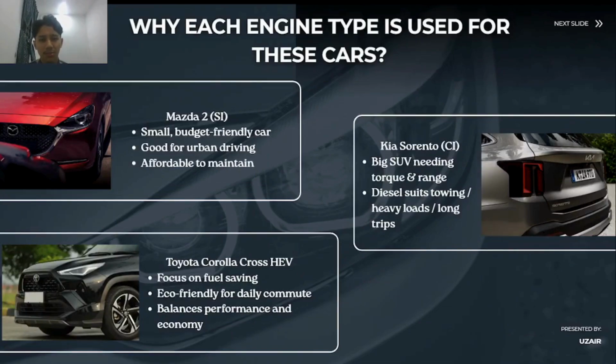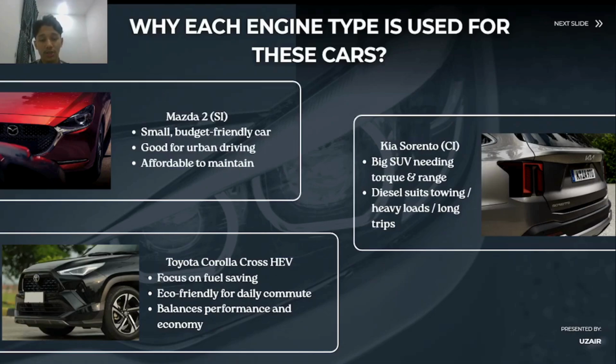Why is each engine type used for these cars? Mazda 2, which is SI engine, is a small and budget-friendly car, so the SI engine is suitable for this car. And this car is good for urban driving and affordable to maintain. Kia Sorento, which uses CI engine, is a big car, and big cars need more torque and more range.